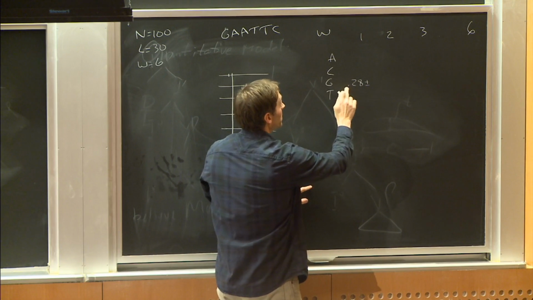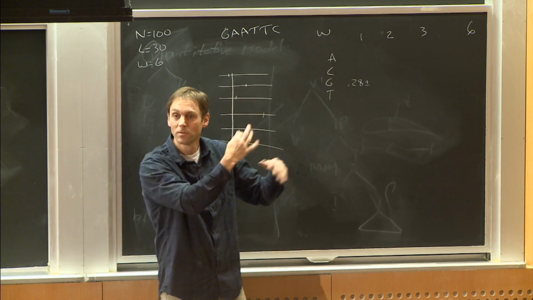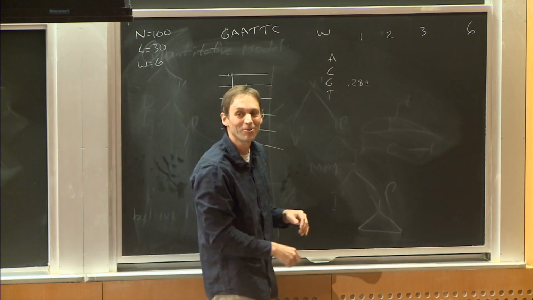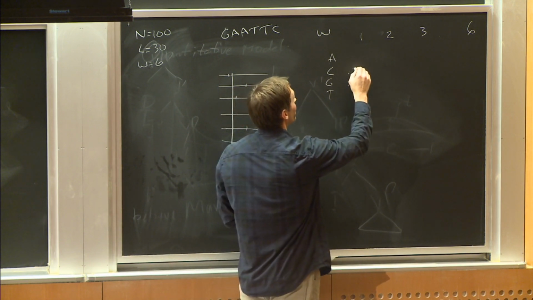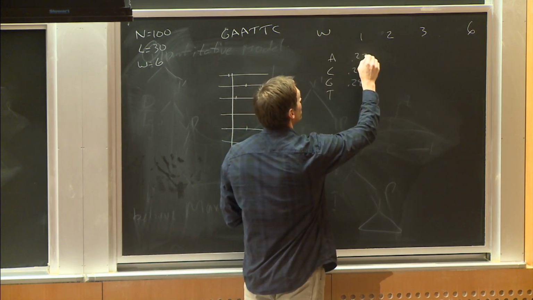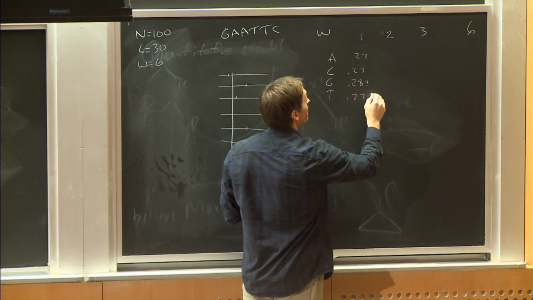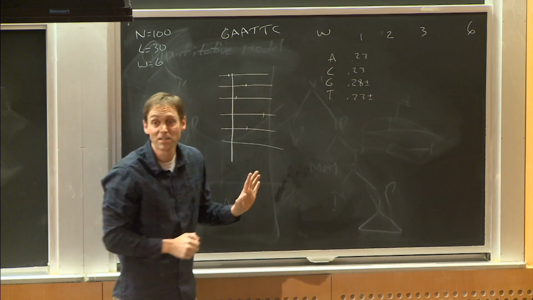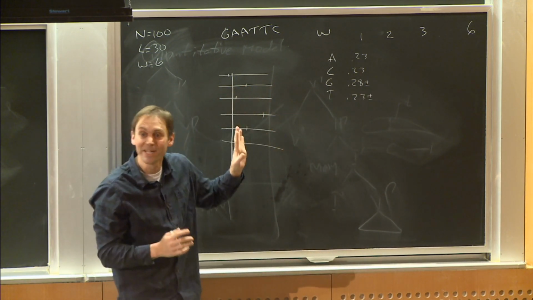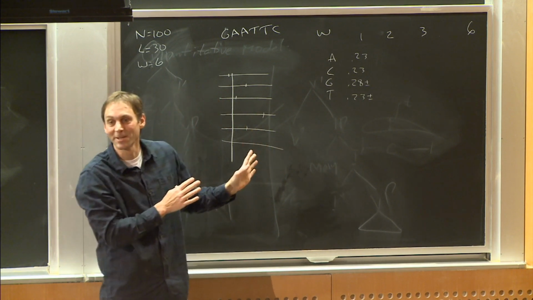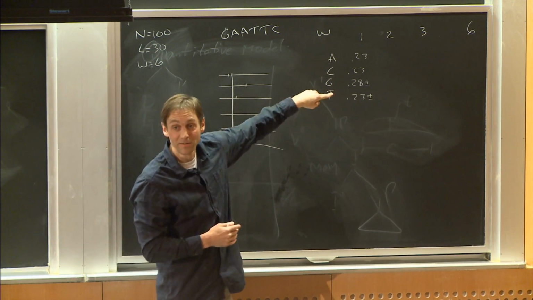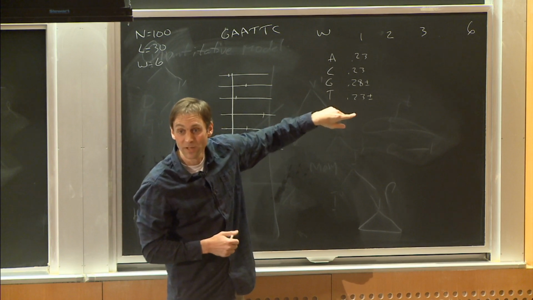And these other ones will be like 23-ish on average. Again, G may not come out as number 1, but it's more often going to be number 1 than any other base, and on average it'll be more like 28% rather than 25%.